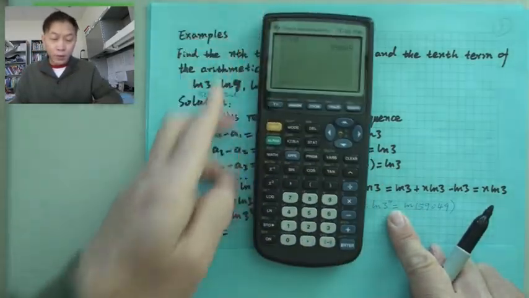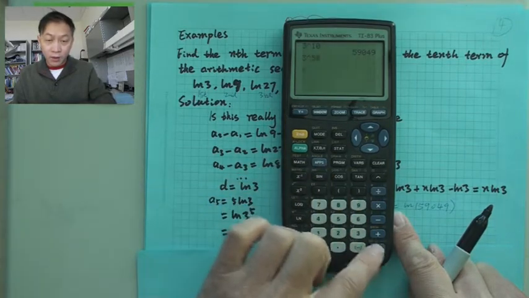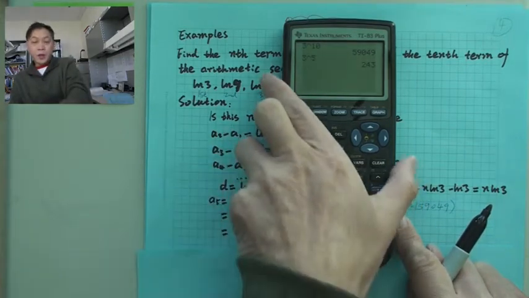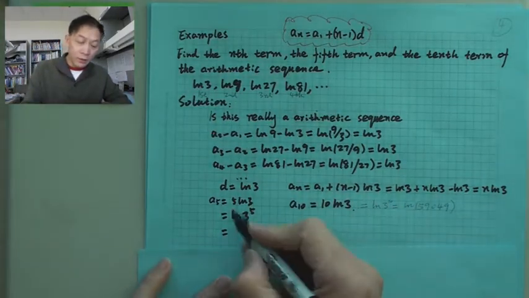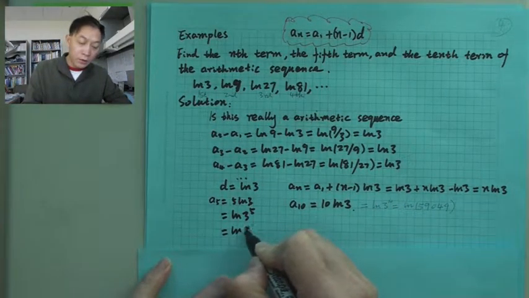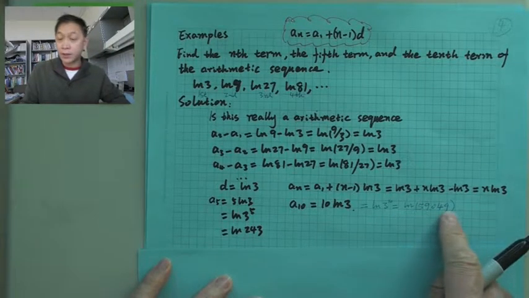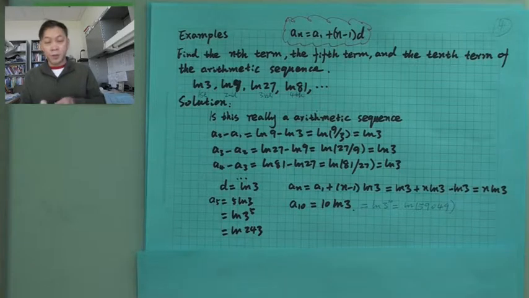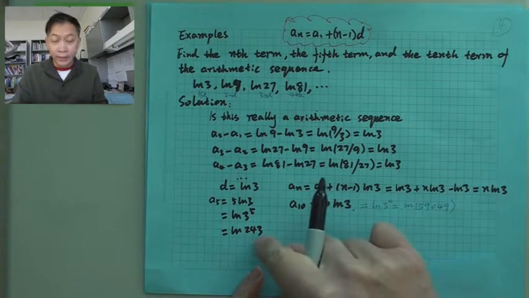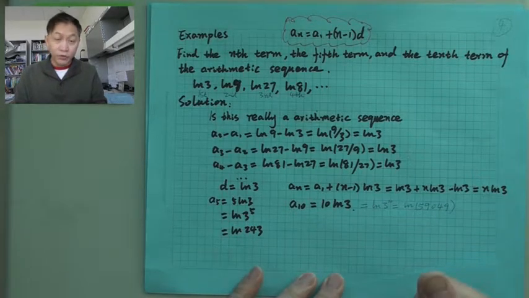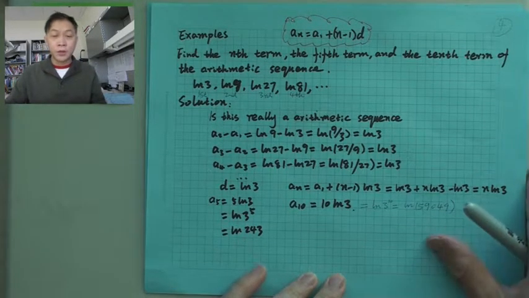Then you will have 3 to the 5th, that's 243. So you have natural log 243. 243 is not really half of that, so remember, if you divide that, you won't get it. That's different. Okay, so this is one application.